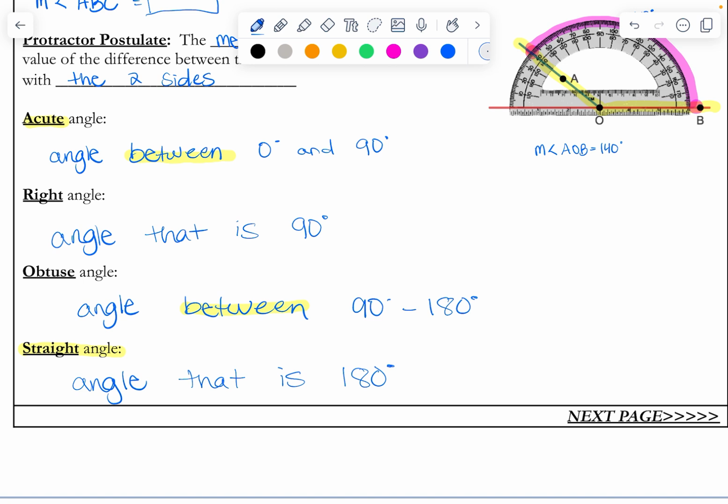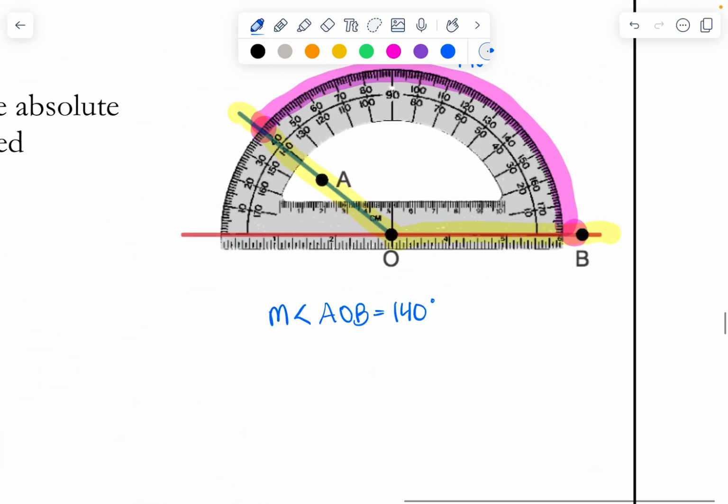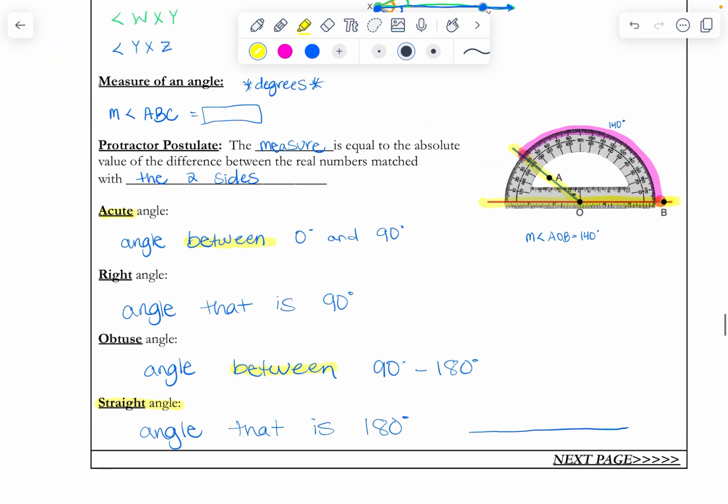If you have a line that is 180 degrees, it's going to be a straight line, okay? So, for example, if we look at this protractor, this red line that goes along the bottom of the protractor would be considered a straight angle because it is exactly straight, meaning it is 180 degrees. So those are our four types of angles.